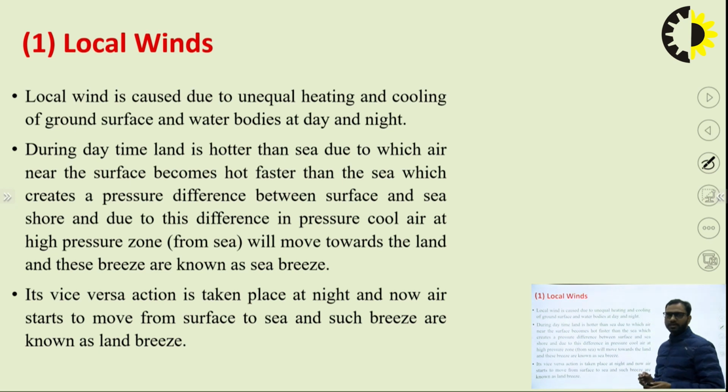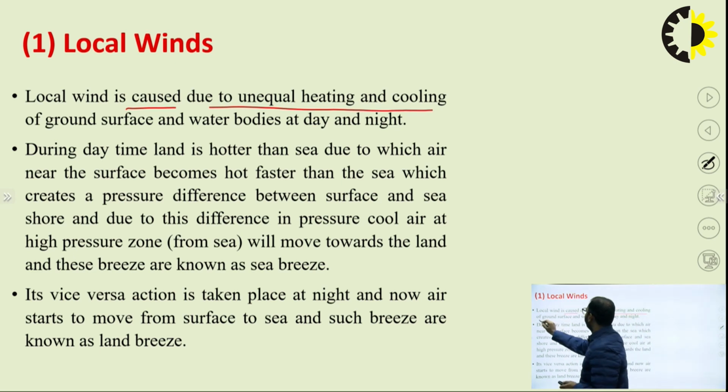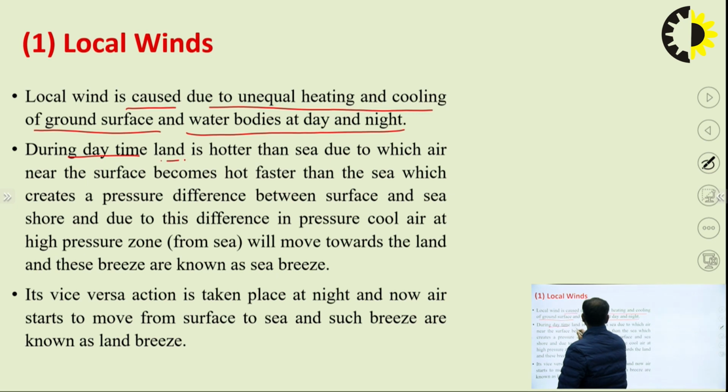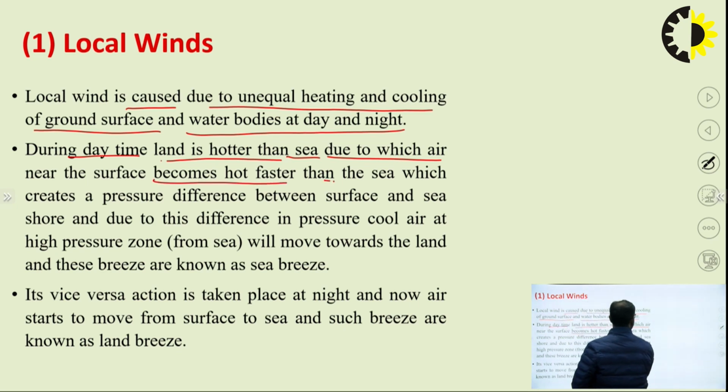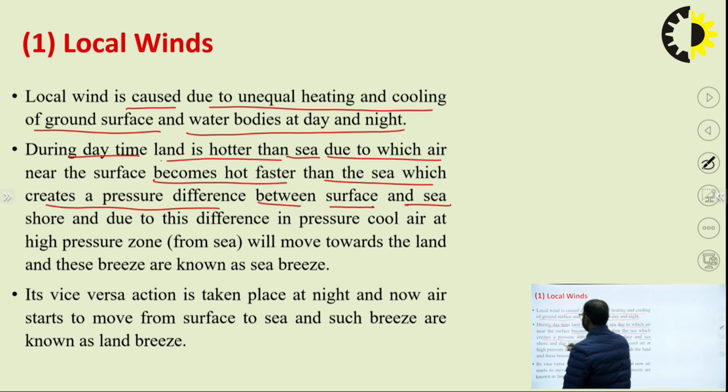What is local wind? Local wind is caused due to the unequal heating and cooling of ground surface and water bodies at day and night. During daytime, land is hotter than sea, so the air near the surface becomes hot faster than over the sea, which creates a pressure difference between the surface and the seashore.